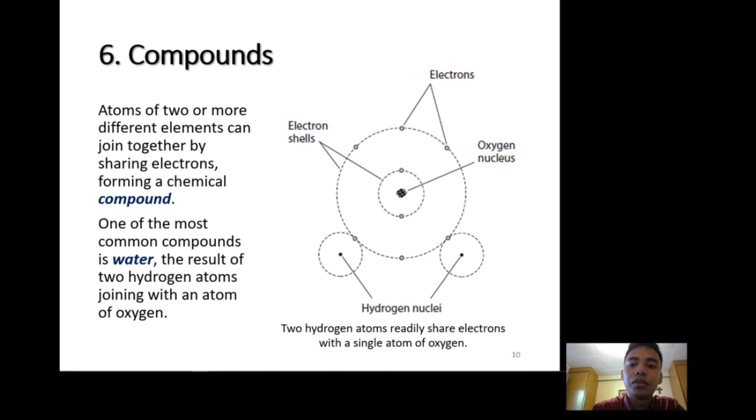Compounds: atoms of two or more different elements can join together by sharing electrons, forming a chemical compound. Okay, so we call this one compound or chemical compound. One of the most common compounds is water. So we know water has two hydrogen atoms readily shared with a single atom of oxygen.